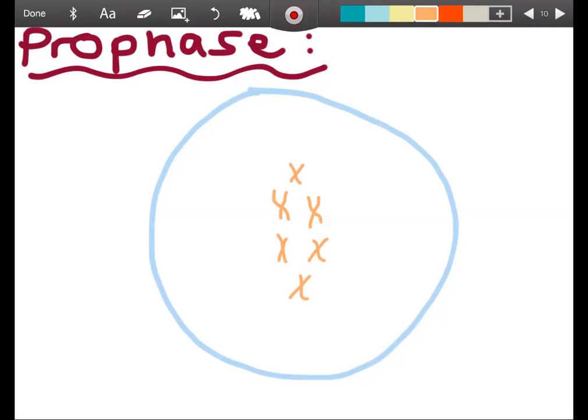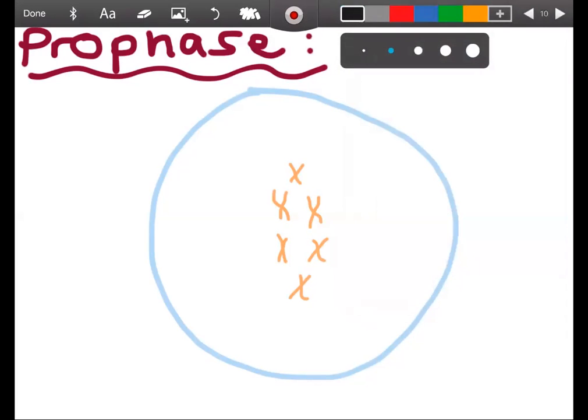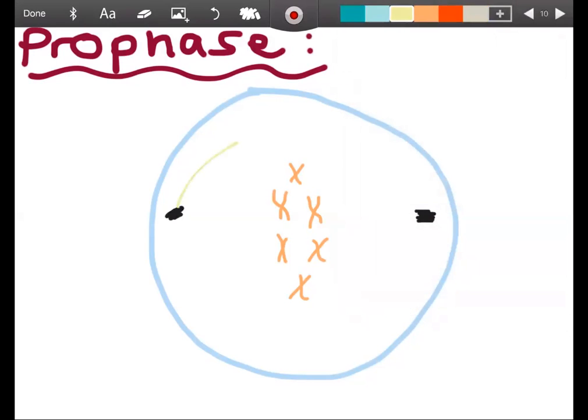Also, spindle fibers are going to emerge from centromeres. So centromeres inside your cell, which I'll represent by these black dots, they are going to produce these spindle fibers, which I will represent with these yellow lines. And they're going to move toward the opposite poles of the cell.